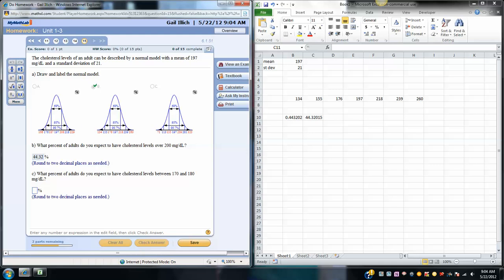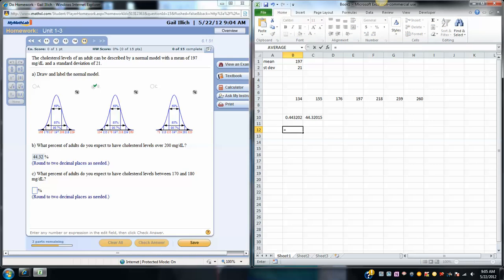Okay, what percent do you expect to have between 170 and 180? When you're looking for values in between, remember the norm dist function returns the area to the left. So if you find the area to the left of 180 and then subtract the area to the left of 170, you will have the area in between 180 and 170.